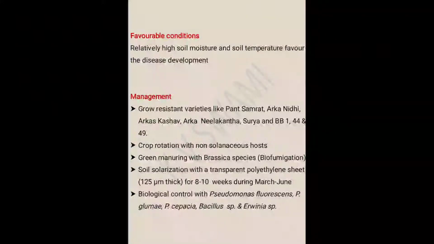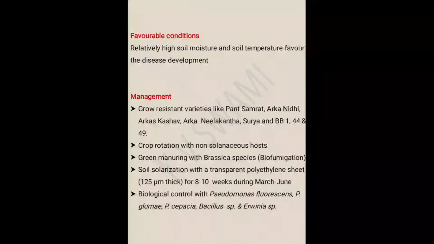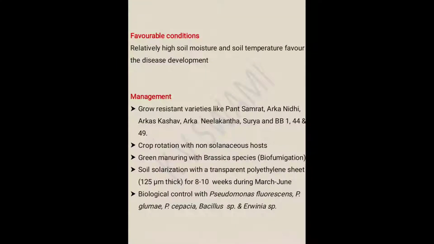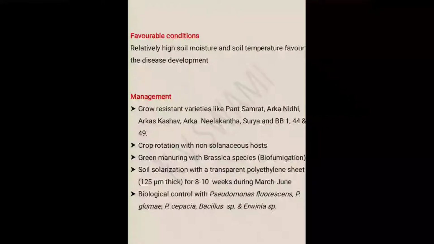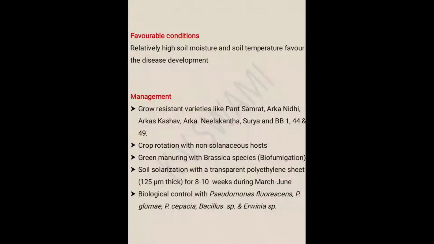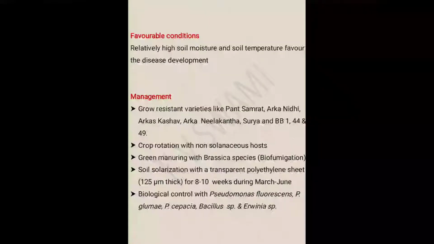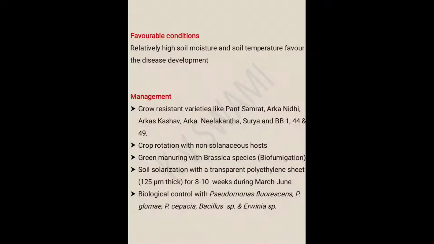Next, management. Grow resistant varieties like Pant Samrat, Arka Nidhi, Arka Keshav, Arka Neelakantha, Surya, etc. Crop rotation with non-solanaceous host. Farmers should avoid growing the same crop year after year or season after season on the same piece of land.